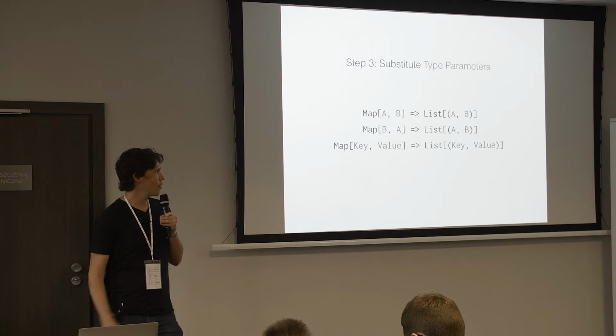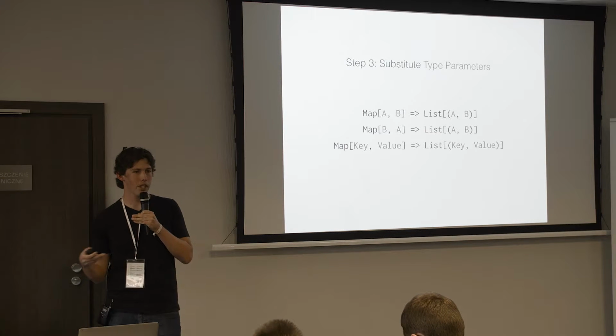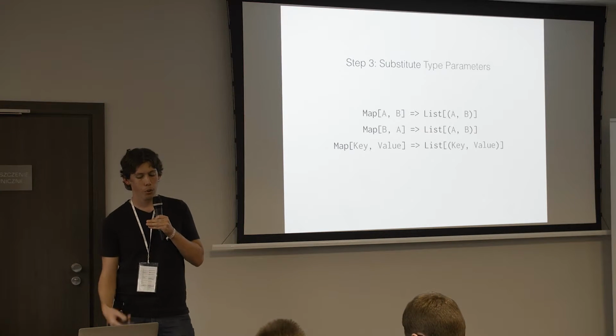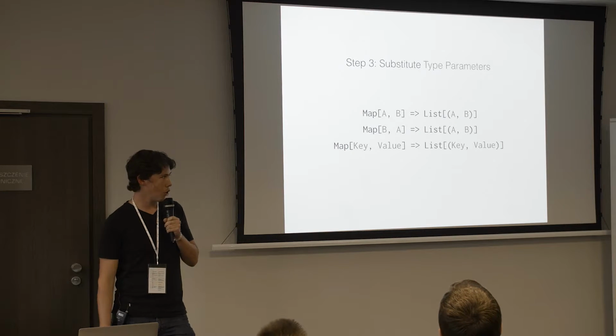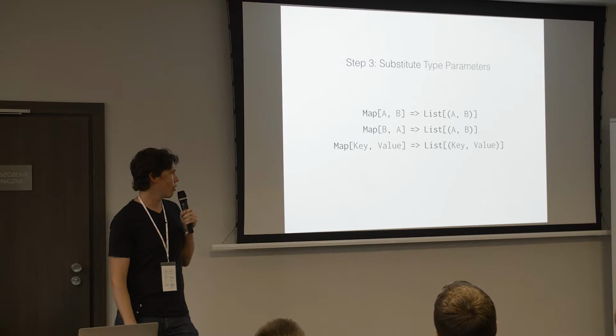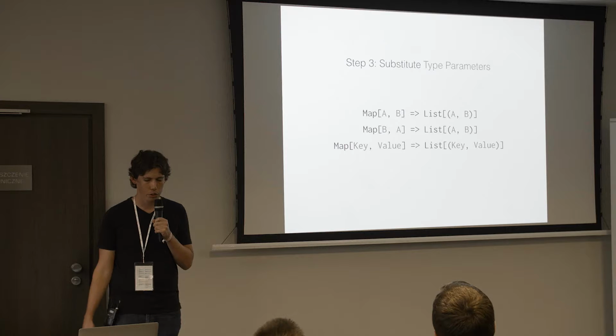So when A is an int, here should also be an int. So when you reorder the type parameters, you probably will have a different function. Also, users can name their type parameters however they want. So maybe key and value is a good name.